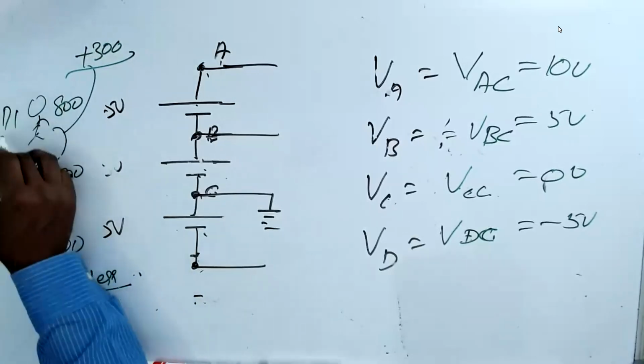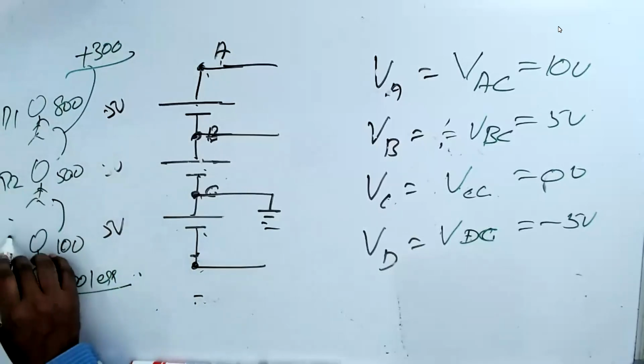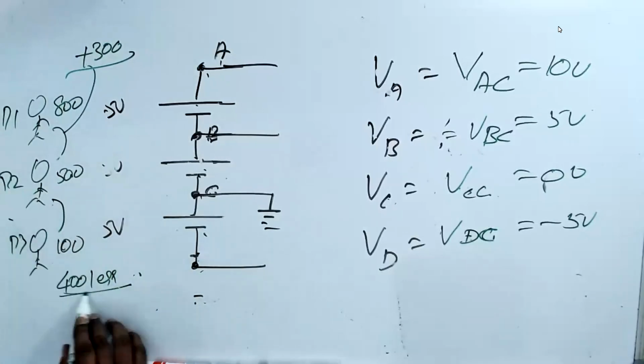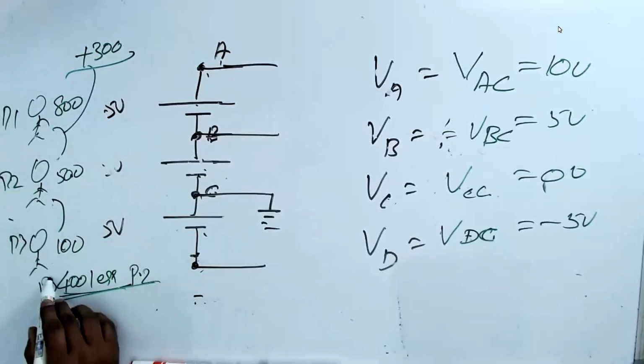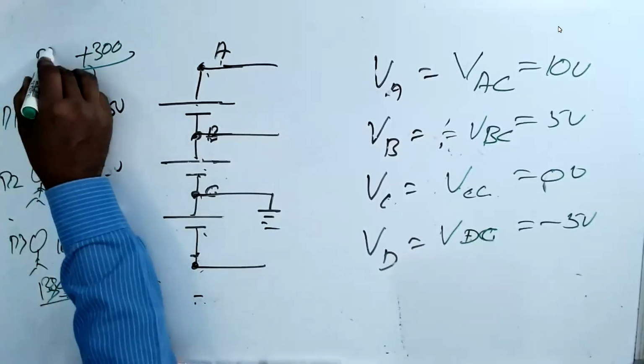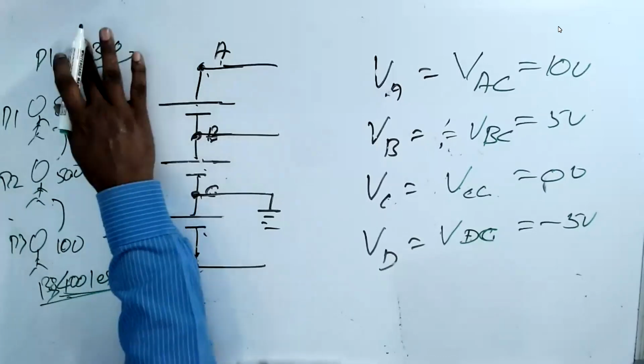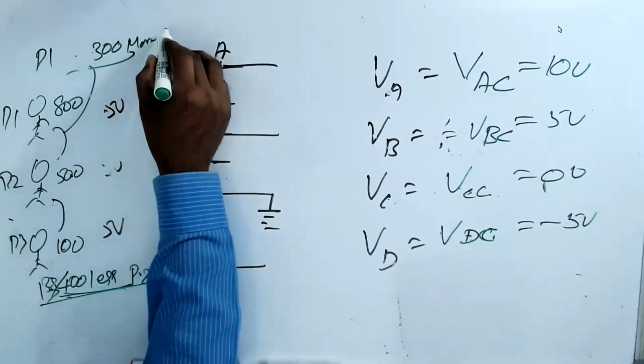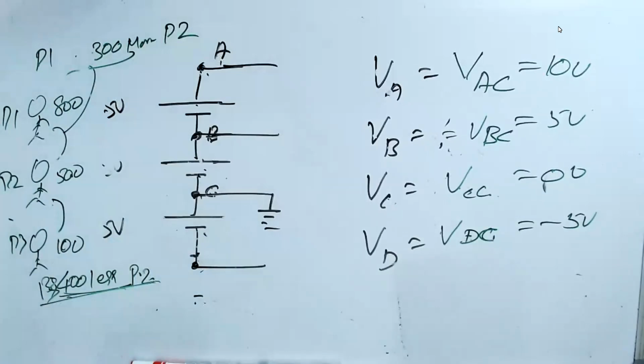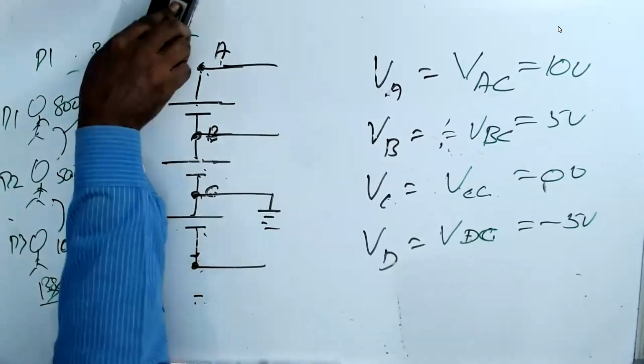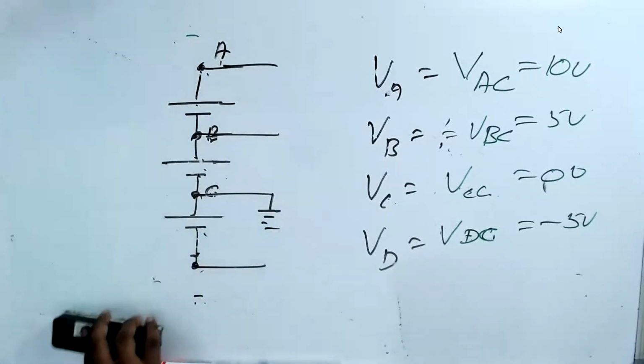P1, P2, P3. So P3 is 400 rupees less than P2, whereas P1 is 300 rupees more than P2. So more means plus, less means minus. Now you know what negative voltage is. There's nothing called negative voltage.